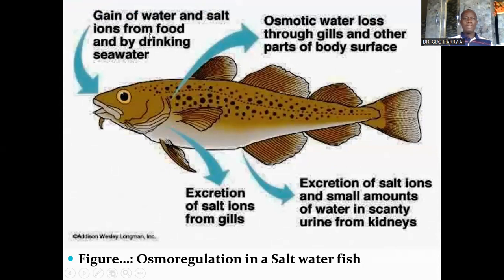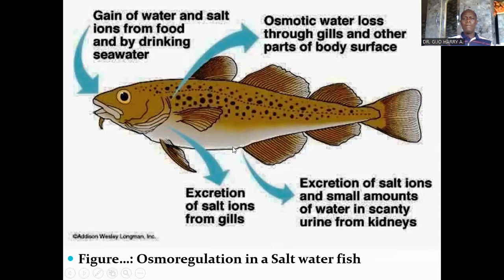The fish takes in water through the mouth by drinking salt water. Okay, but it loses a lot more. It loses water through gills and other parts of the body surface. It excretes salt ions from the gills, and it also excretes salt ions and small amounts of water and scanty urine from the kidney.